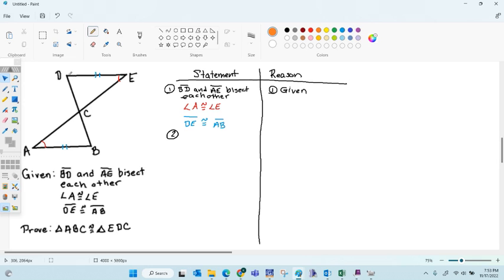And it means that DB cuts AE into two equal pieces. They cut each other in half, which gives us congruent pieces. That tells us that AC and CE are congruent.